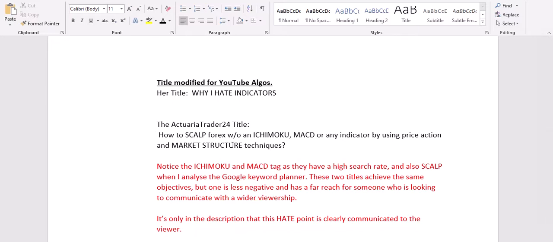Simply why? Because the word scalp, I've actually made it bold because it's easy to pick up when you're looking at the title, and also the algos. If you go now into Google keyword plan, the word scalp is quite prevalent because it has a high search rate, and the words Ichimoku MACD, those two have a high search rate, and also targeted price action.